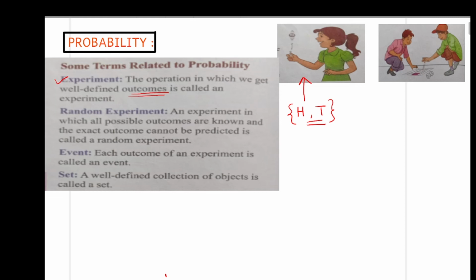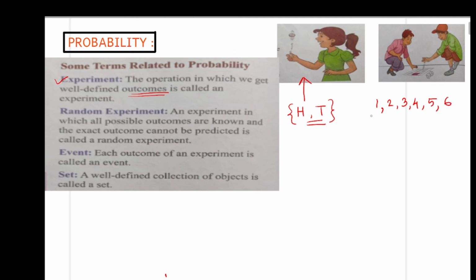Next, random experiment. An experiment in which all possible outcomes are known and the exact outcome cannot be predicted is called a random experiment. Now see, when you throw a die, what will we get? We will get the numbers 1, 2, 3, 4, 5 and 6.